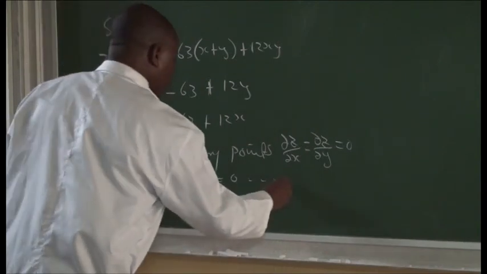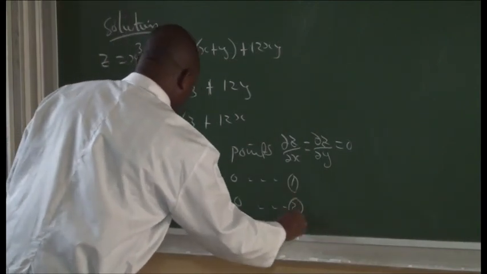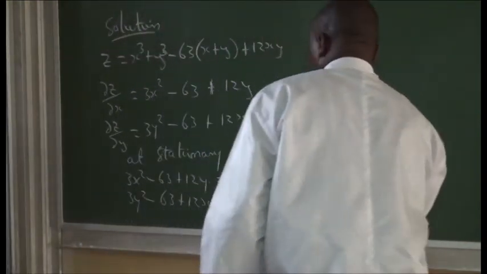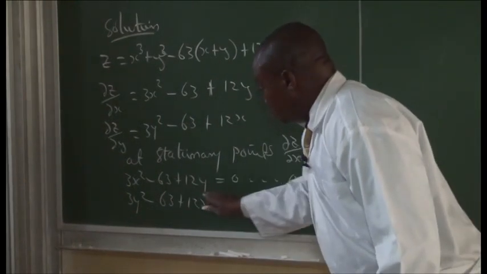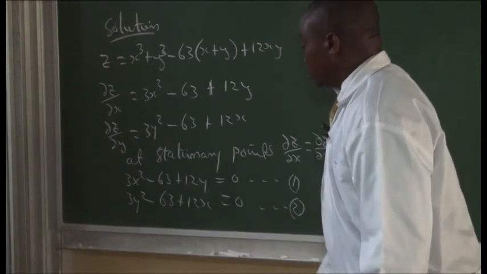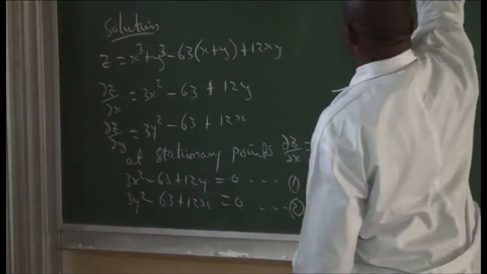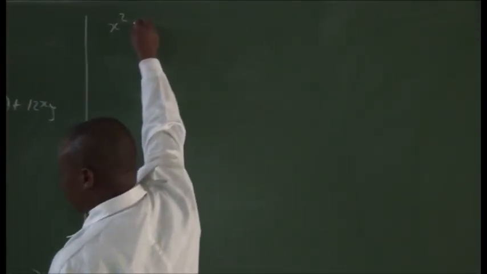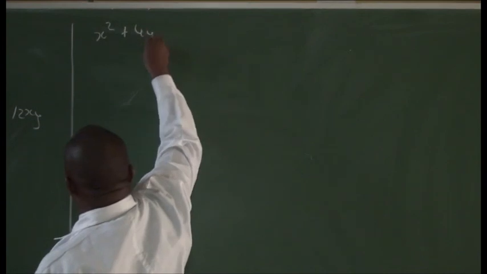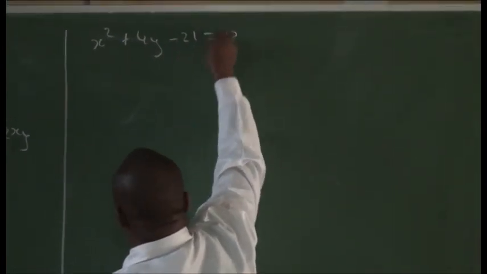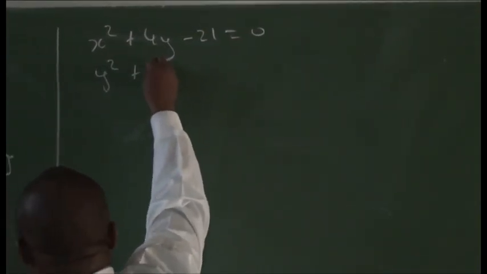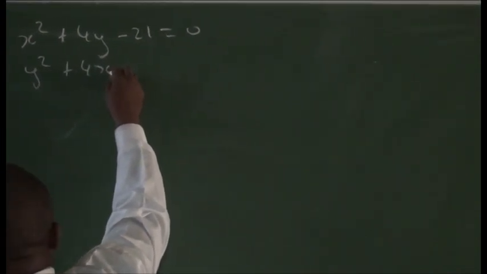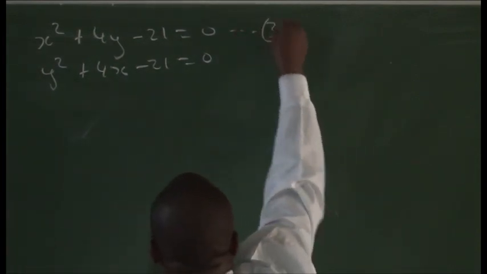So this is equation 1 and this is 2. Now we can divide these through by 3. We will have x squared plus 4y minus 21 equals 0, and y squared plus 4x minus 21 equals 0. Let me call this equation 3 and this 4.